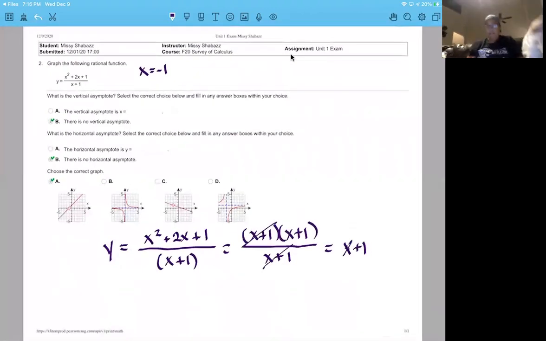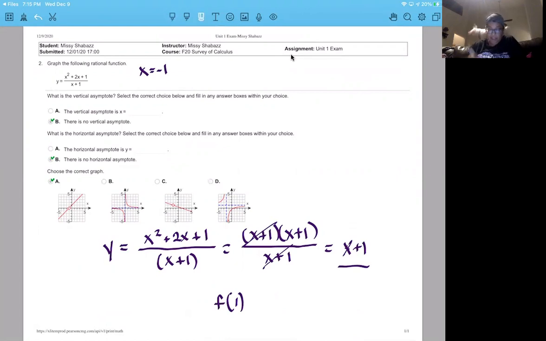All we have left is this right here, which is a line with a y-intercept of 1 and a slope of 1, and we have a hole at x equals -1.